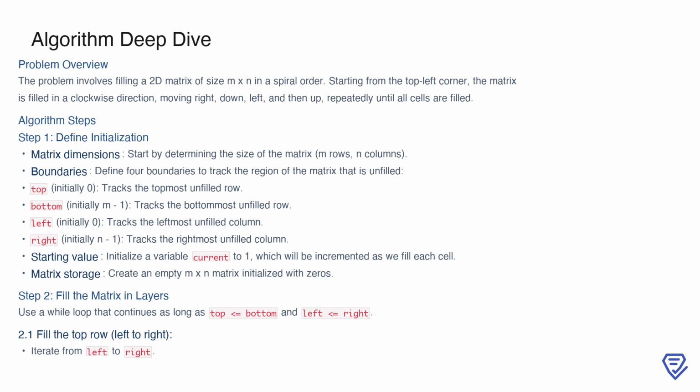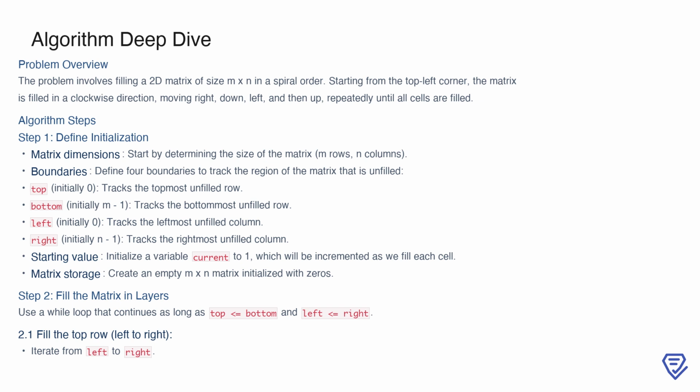First, we define the dimensions of the matrix, m rows and n columns. Then, we establish 4 boundary variables, top, bottom, left, and right, which will help us keep track of the unfilled regions of the matrix. Initially, top is set to 0, representing the first row, and bottom is set to m-1, representing the last row.